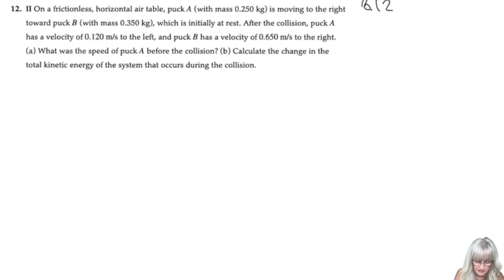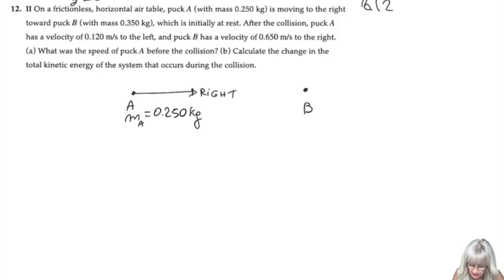On a frictionless surface, so friction is equal to 0, you have a puck A with a mass of 0.2 kilograms, moving to the right toward a puck B, which has a mass of 0.350 kilograms. B is initially at rest, not moving.